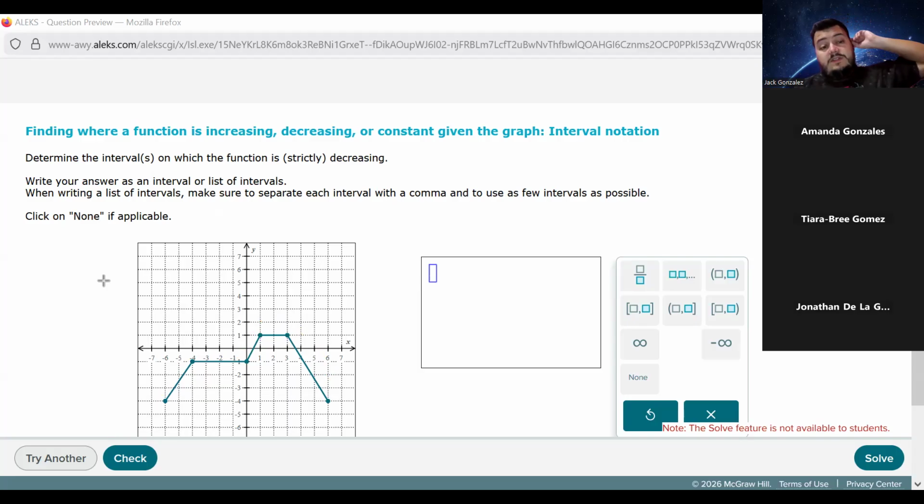So just write the location of when it's happening, combine it together. Determine the intervals on which the function is strictly decreasing. So there's only one section. You'd say from 3 to 6 right there.